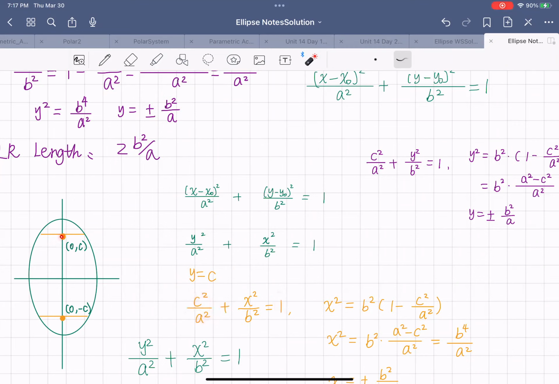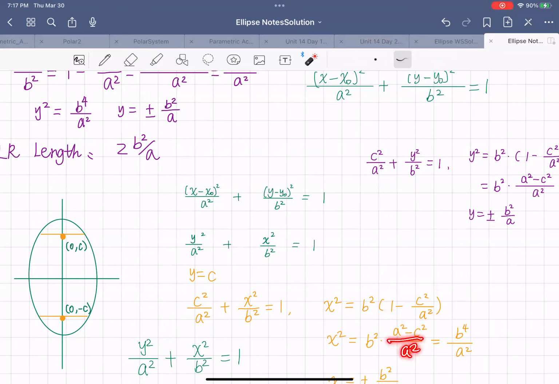This time, the latus rectum is not going up and down, because it's not horizontal. It is going left and right because it's vertical. So you find your x. Your x squared equals b squared times 1 minus this, which is a squared minus c squared over a squared.